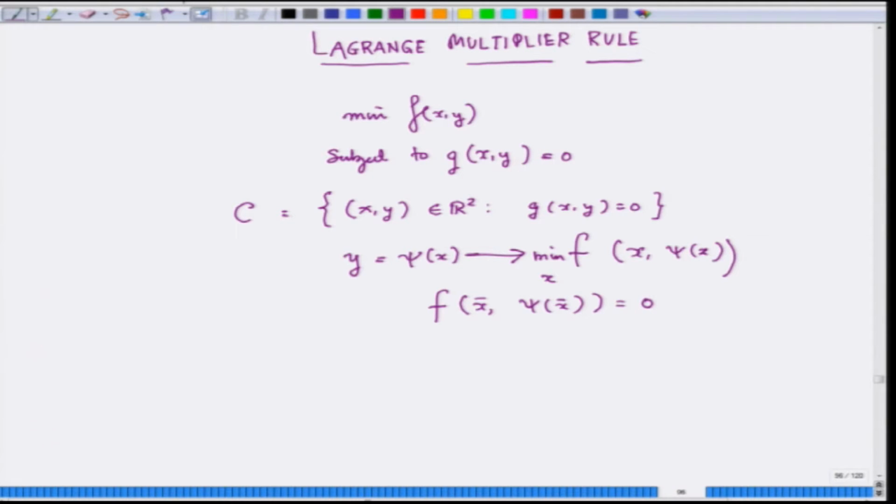Once you have done that, you can plug in the value of x bar here, and obviously y is psi of x bar. So my y bar is psi of x bar, and so x bar and y bar equal to psi of x bar is the solution of the problem.